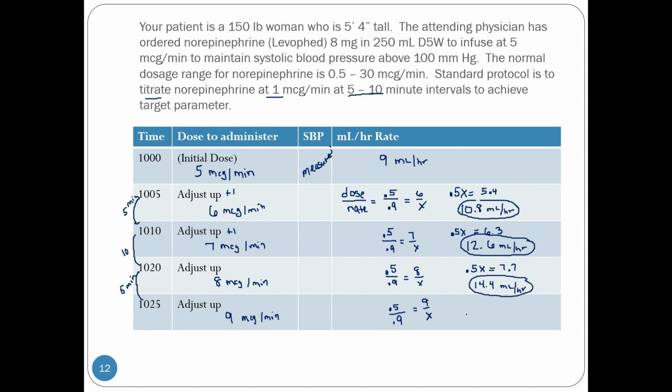And final one, cross multiply, 0.5x equals 8.1. Divide both sides by 0.5, and I get 16.2 milliliters per hour. So utilizing the shortcut of the proportion over and over again to figure out what that milliliter per hour rate is for this patient.